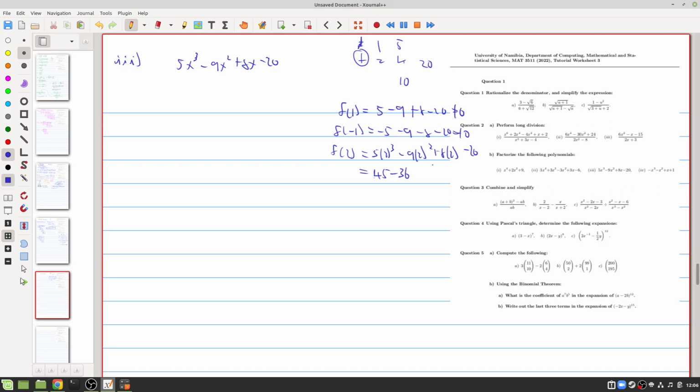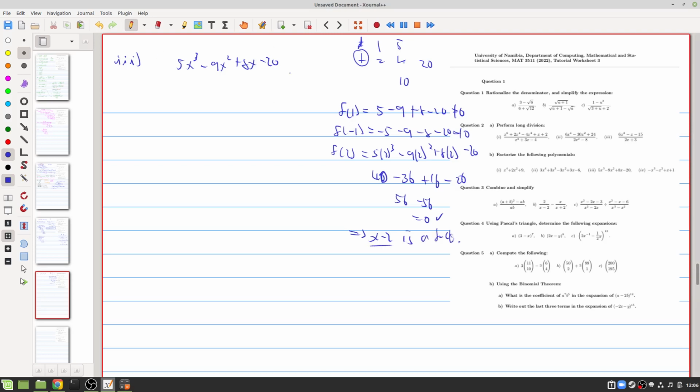Wait, I said something wrong. 2 cubed is 8. 8 times 5 is 40. Minus 4 times 9 is 36. 8 times 2 is 16, and then minus 20. So 40 plus 16 is 56, minus 56, which is 0. So that means that x minus 2 is a factor.